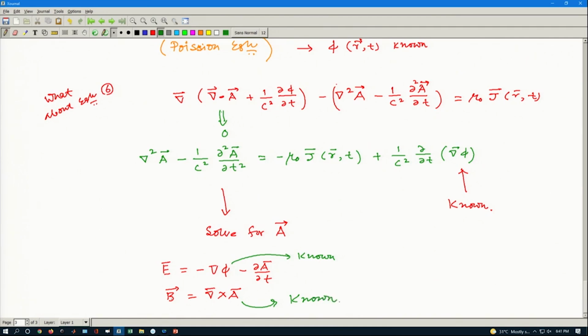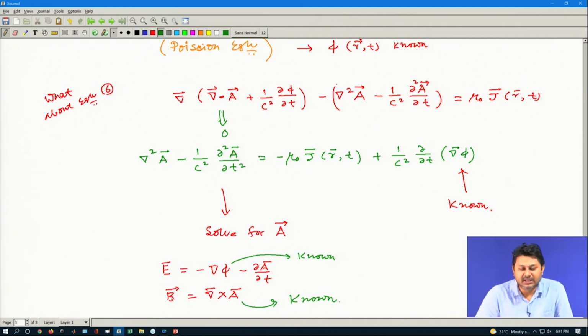In principle you can calculate your E and B. Well, this is the way to solve for E and B by using this gauge thing.